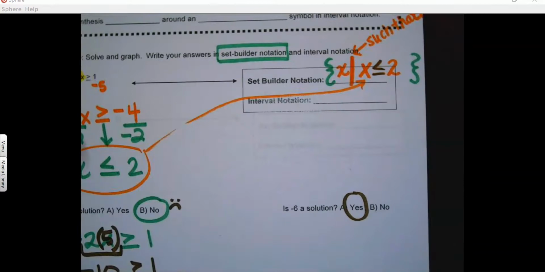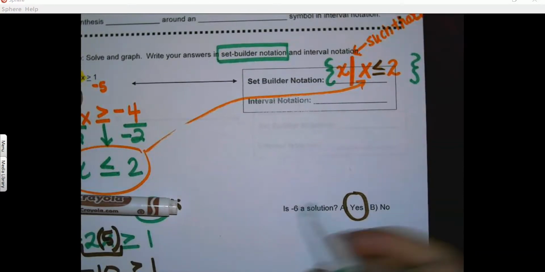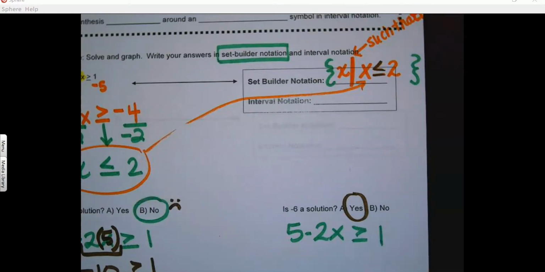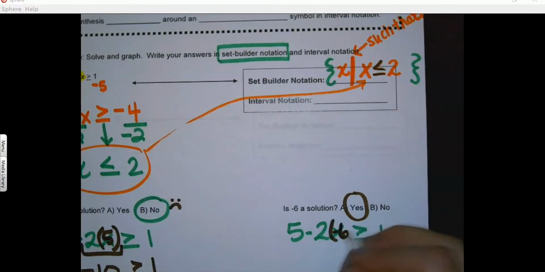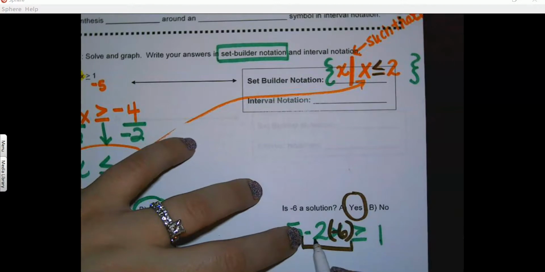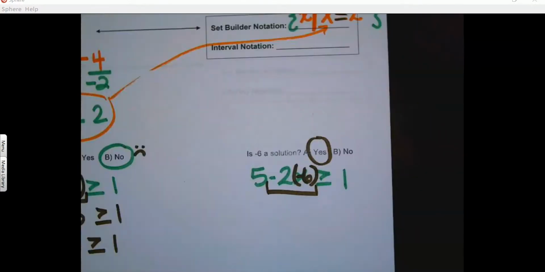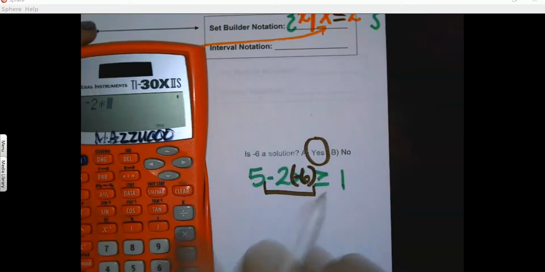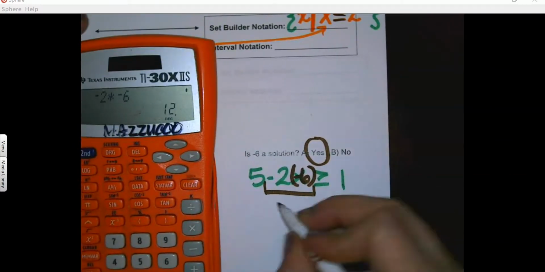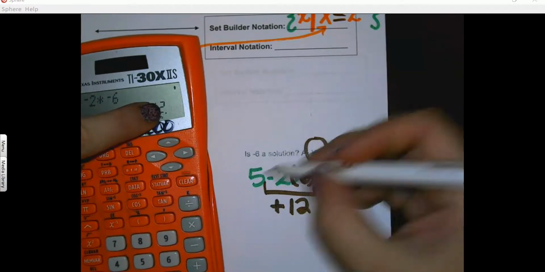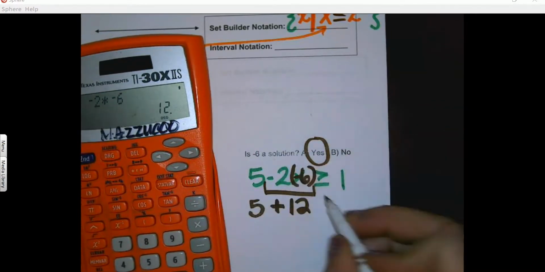So let's go ahead and see if it works. If I take the original problem and we put a negative 6 here, we'd have negative 2 times negative 6. So negative 2 times negative 6, that is a positive 12. Positive 12, bring down the 5.